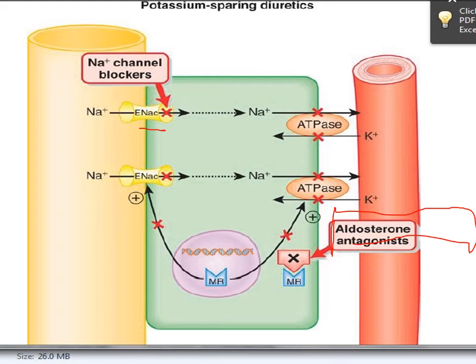If sodium is not absorbed, it stays in the lumen, and water follows sodium, so you are having diuresis. You are also not going to excrete potassium, so it increases the potassium levels. That is how these diuretics work.